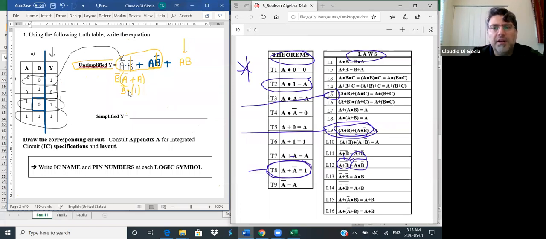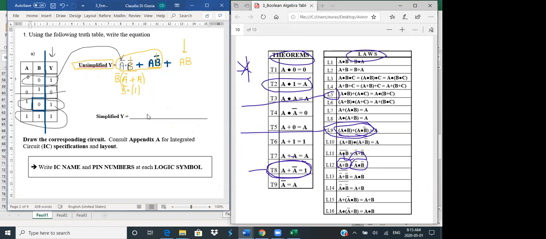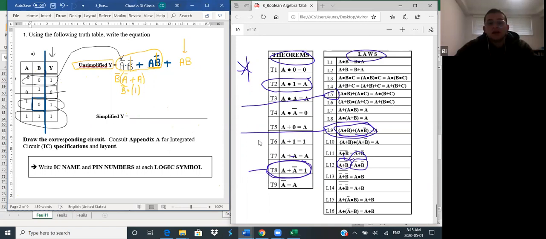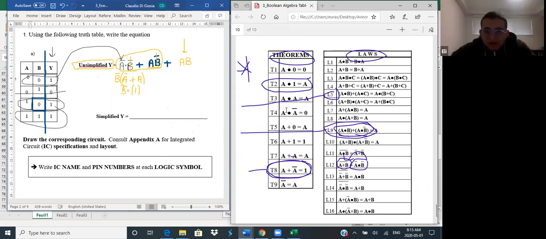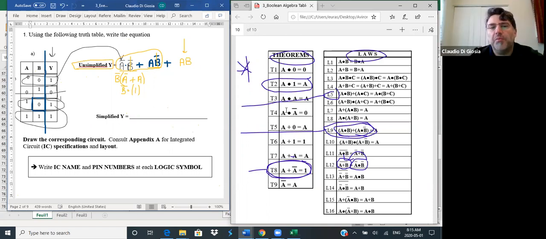Now, Ellie, is there a theorem that can simplify this here? The B naught times 1. Is there a theorem? Don't look for a B though. Just look for a variable multiplied by 1.